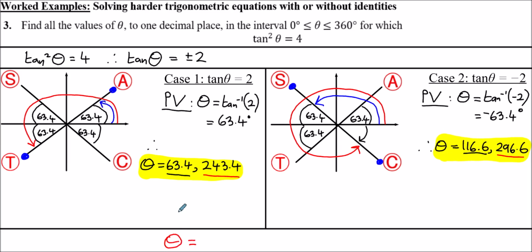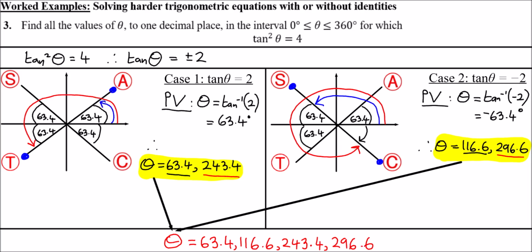So theta is allowed to be 63.4 degrees, 116.6, 243.4, and the largest one, still in the range, is 296.6. As I say, we get the overall solution by just combining these two into one.